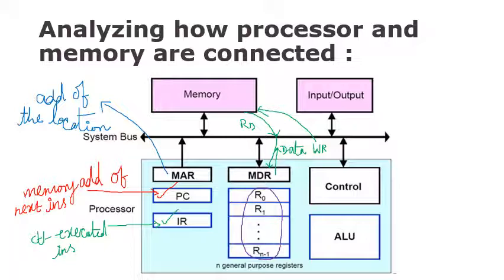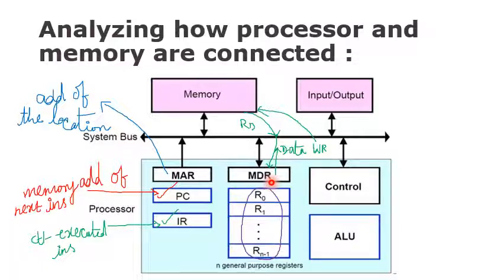Okay, so I will repeat it again. The program counter contains the memory address of next instruction to be fetched, and the instruction register holds the instruction which is currently being executed, and the memory data register facilitates communication with memory.